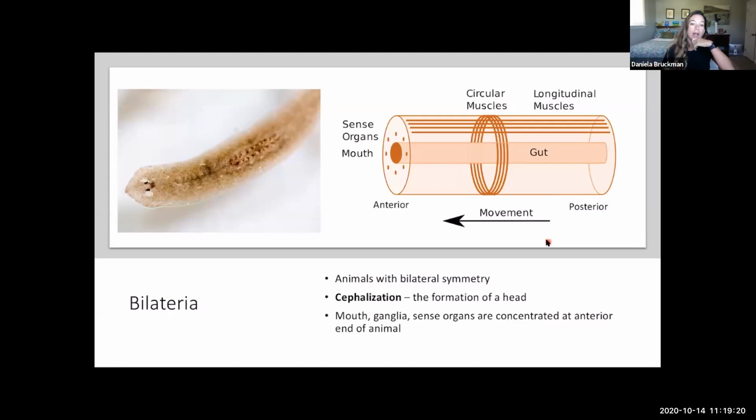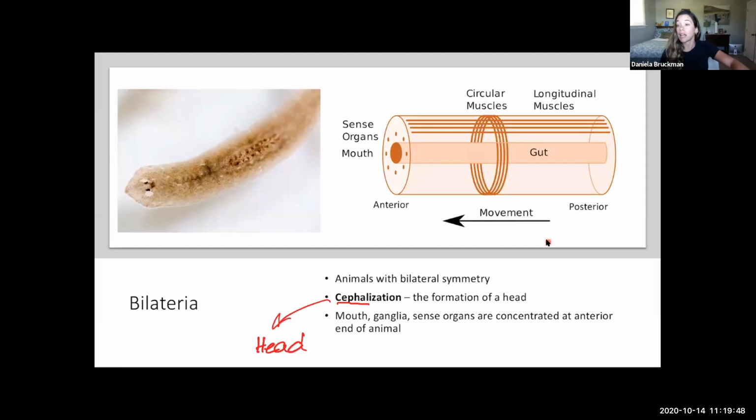Now, what makes a bilaterian so is the fact that they have something called the process of cephalization. And you may be familiar with the prefix cephalo. We are actually going to see it later on in this lecture as well, but cephalo means head. It literally means head, like the thing that sits on your shoulders, right?